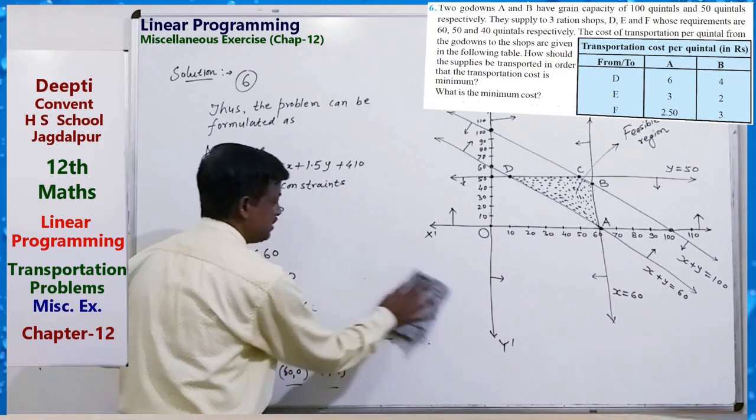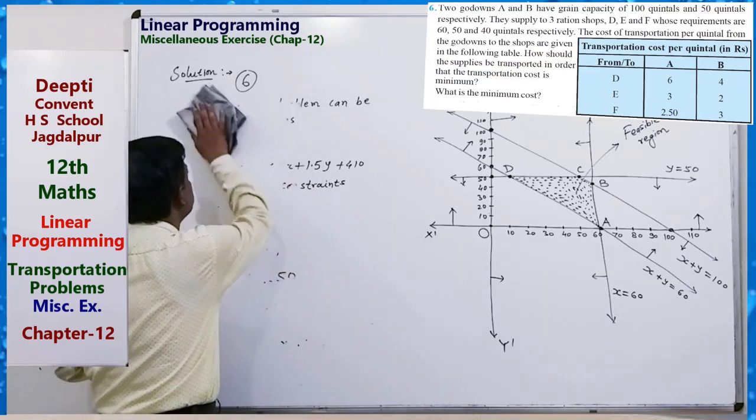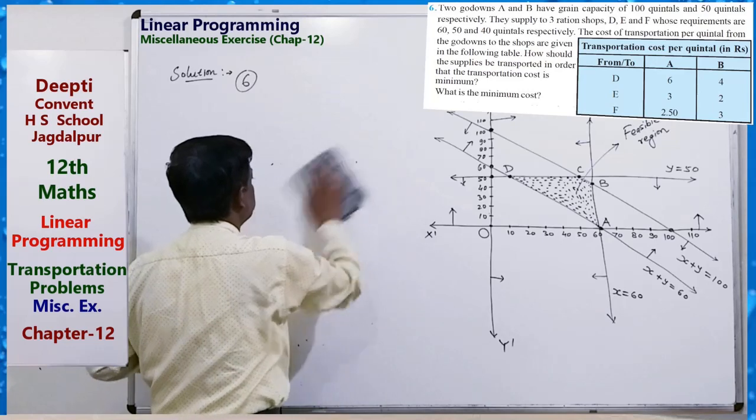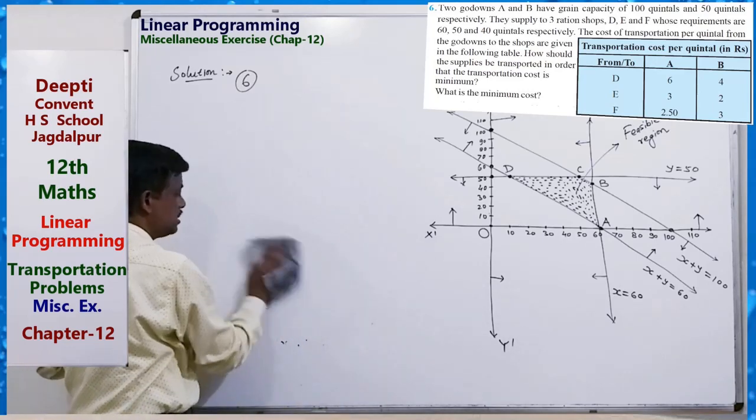Now this is the graphical representation of this problem. Now we have to find the values of z at all the corner points, for the corner point method for solving this LPP.